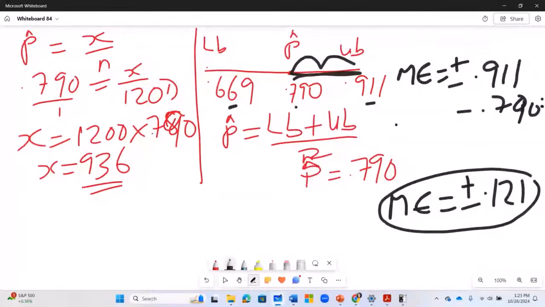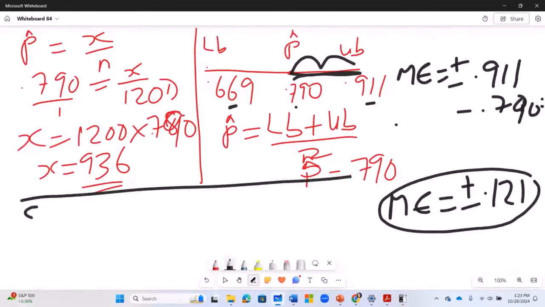So now at this point, we can actually calculate the confidence interval. So let's calculate the confidence interval for p. Remember the conditions. These conditions must be satisfied.